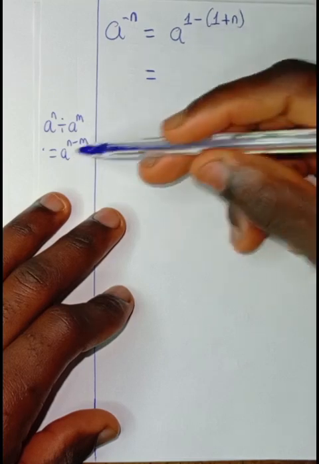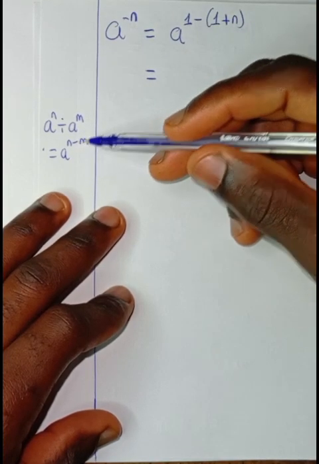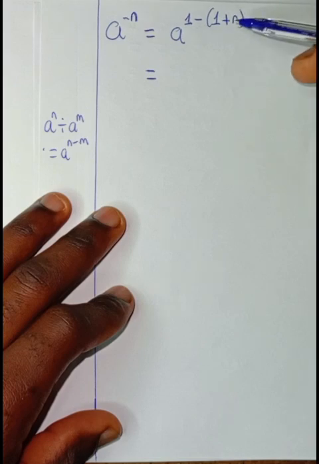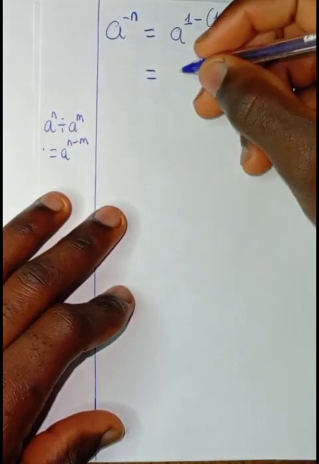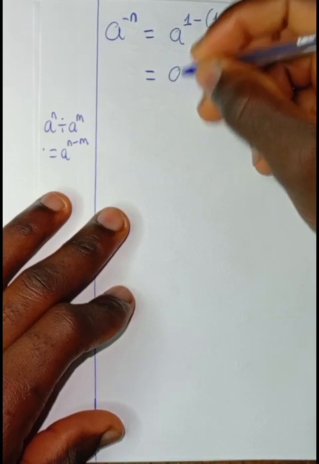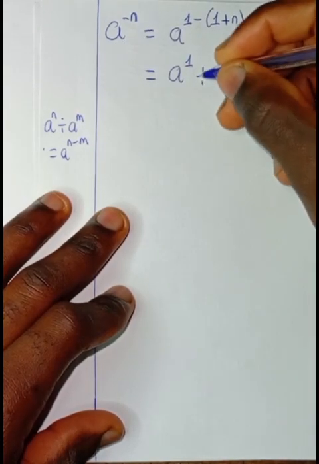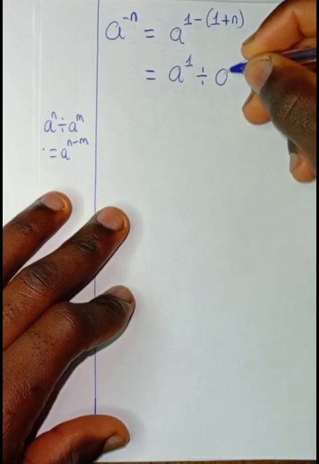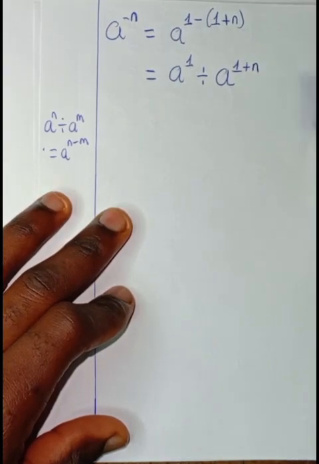If you compare the right hand sides, n will be 1, our m will be 1 plus n. So this will simply be equal to, we are going back, this will give us a raised to the power 1 divided by a raised to the power 1 plus n.